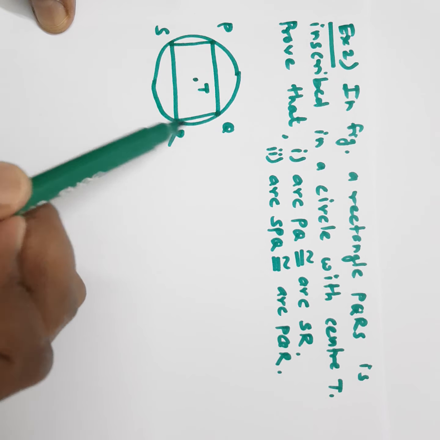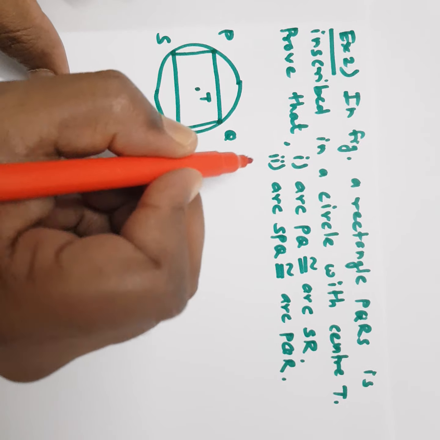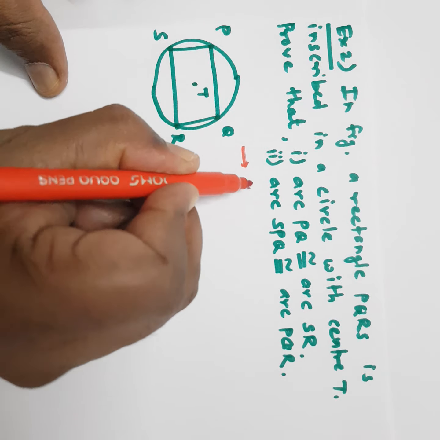Now here quadrilateral PQRS is a rectangle.